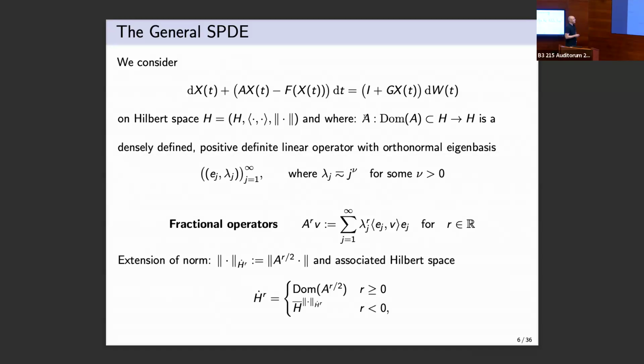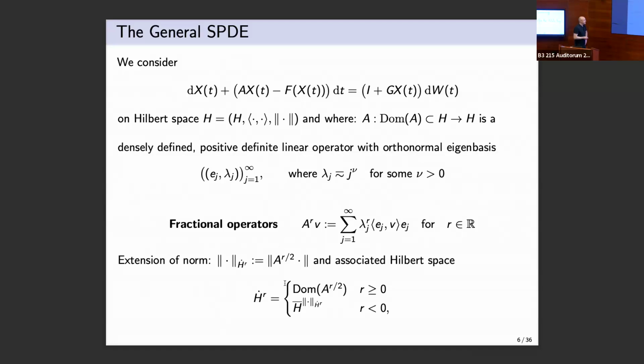And from this positive definite operator, we can generate a whole family of positive definite operators by taking the power r of the operator and just applying it to the eigenvalues in the decomposition. And associated to these fractional positive operators, we also obtain a whole sequence of Hilbert spaces, which you could think of as the energy norm of the square root of the A^r operator.